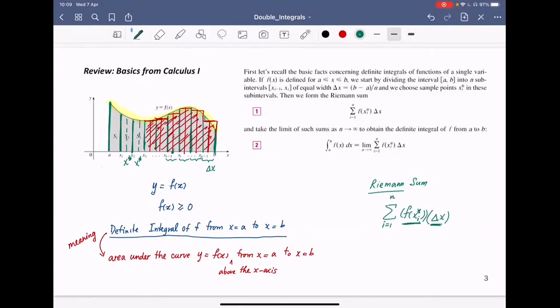And Riemann says that if we take the limit when n goes to infinity, this means you chop the area into n pieces, and n is going to infinity.